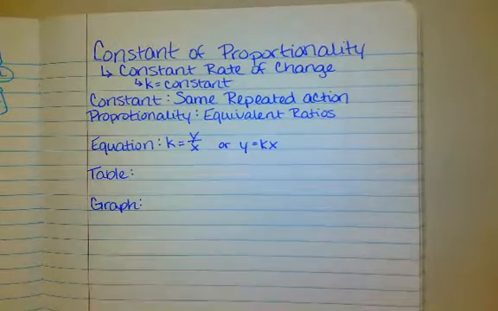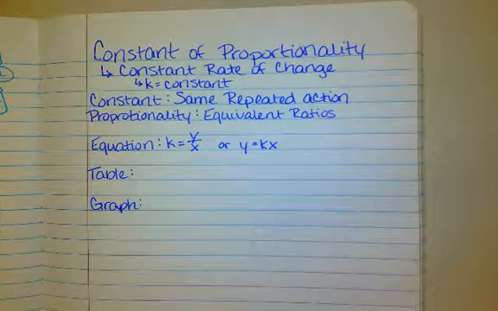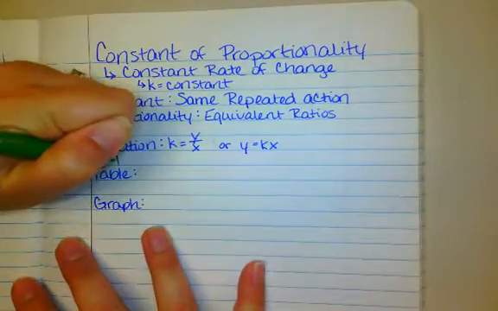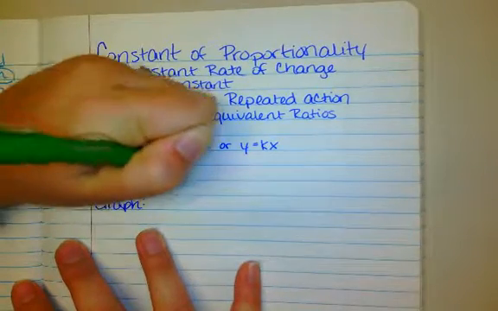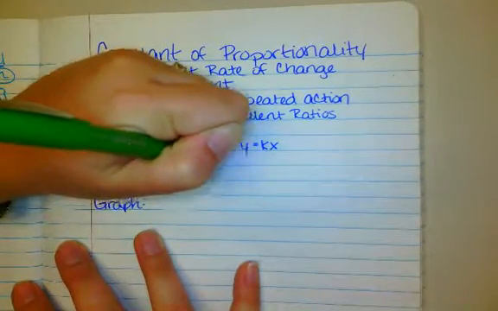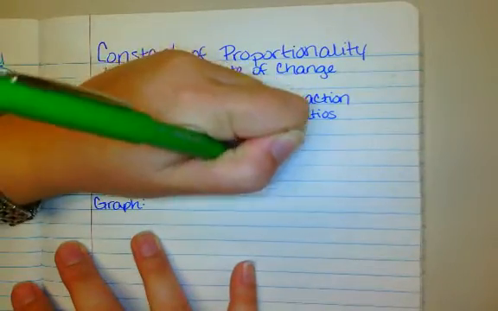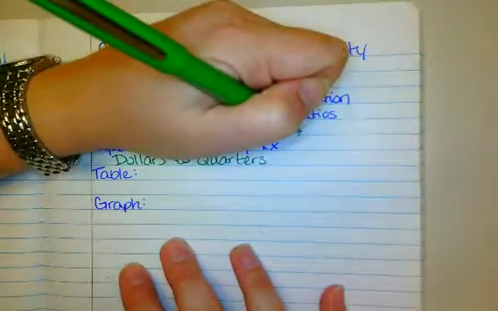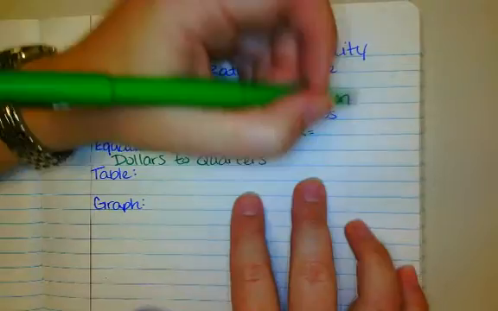The scenario that I'm going to use to show you this is dollars to quarters. So I'm going to compare dollars to quarters. We're going to say that my K is what we're looking for.